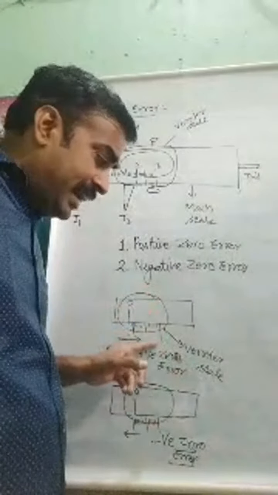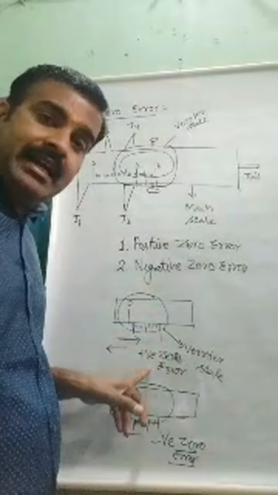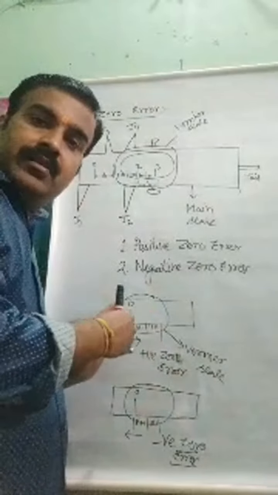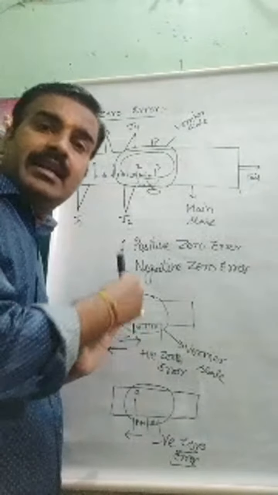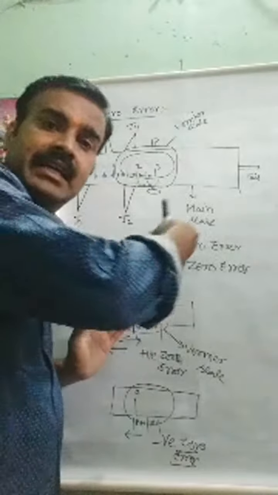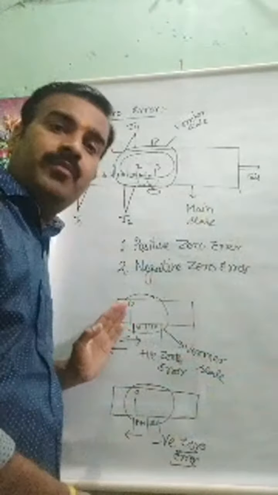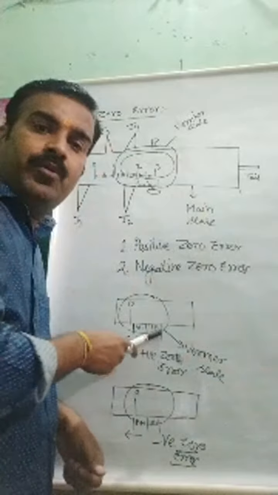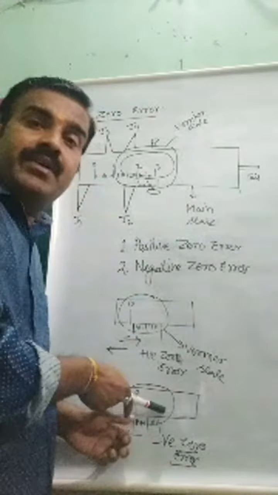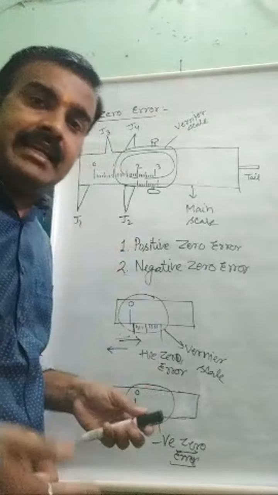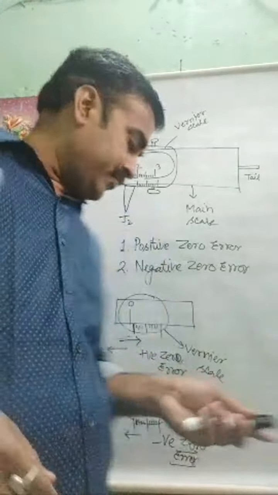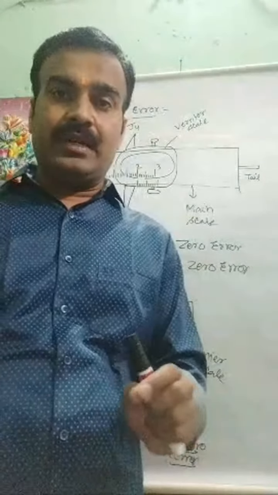When the very first division of the Vernier scale is shifting right hand side of the zero of the main scale, it will have the positive zero error. And if it is shifting left hand side of the zero of the main scale, then it will have which error? Negative zero error.